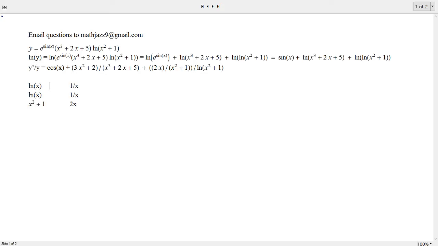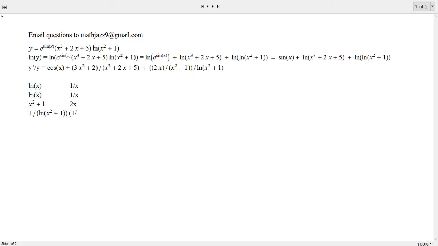So we plug x squared plus 1 into the natural log, which we then plug into 1 over x, getting 1 over ln of x squared plus 1, and then we multiply by 1 over x with x squared plus 1 plugged into it.